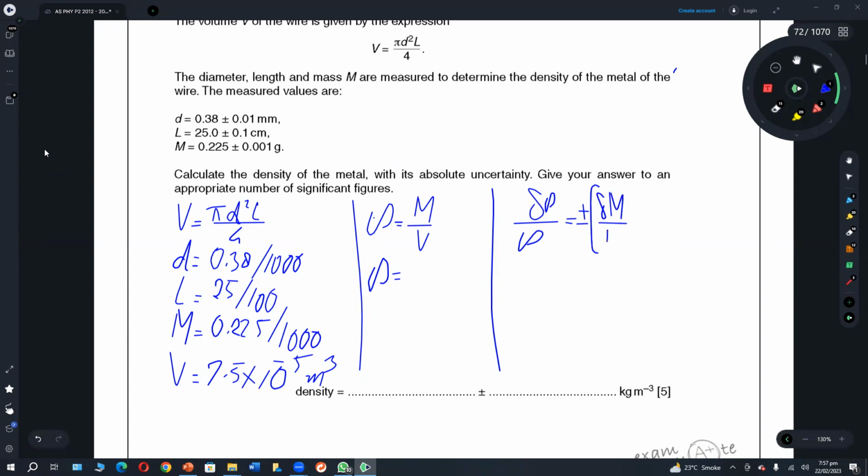It is coming as 3, the answer. You are getting 3. Yes.